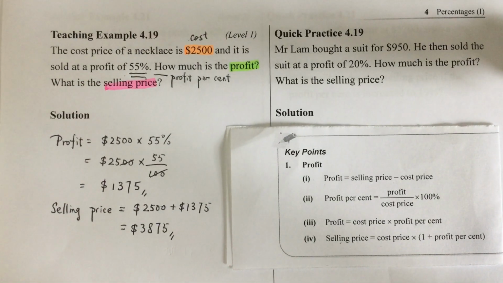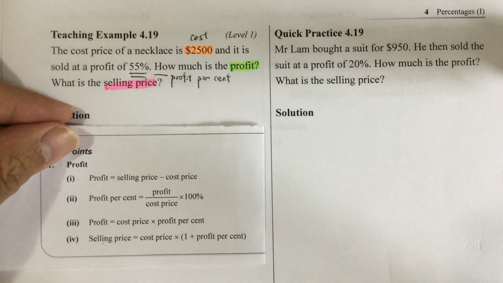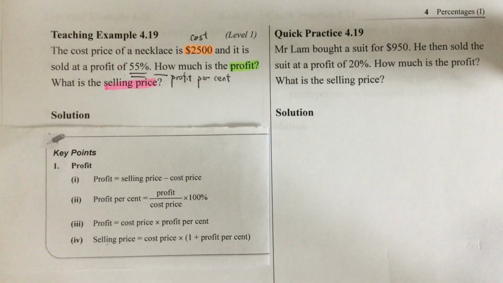Okay, now this is the teaching example 4.19. I will pause it for 15 seconds and please do quick practice 4.19 afterwards. Okay, now I've moved the formula to the left hand side, and now you are going to do quick practice 4.19 by yourself.